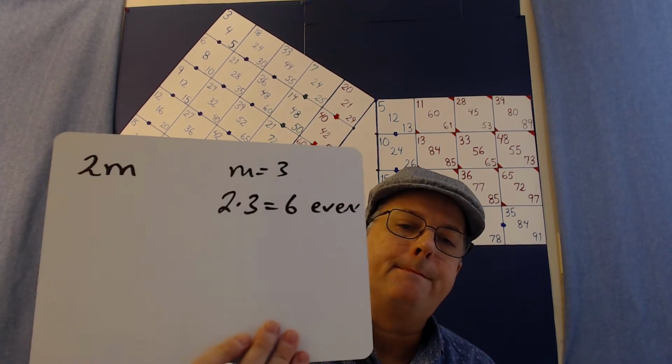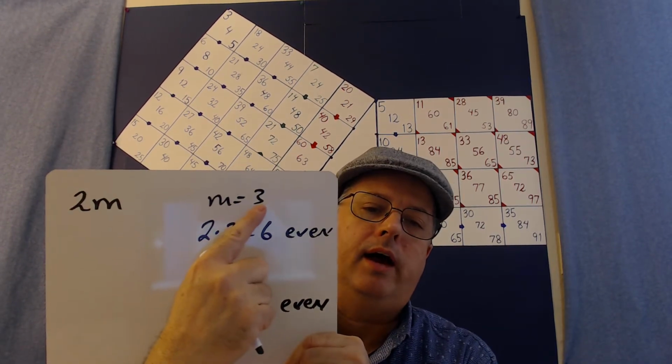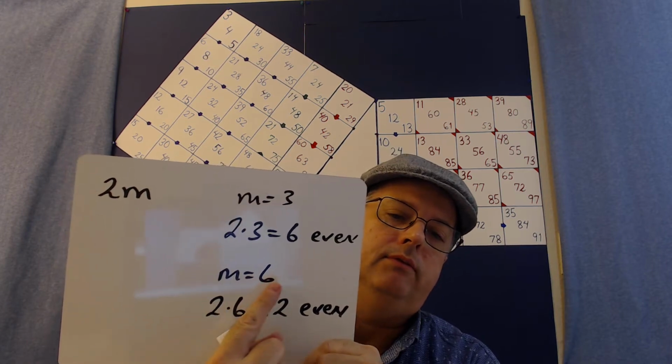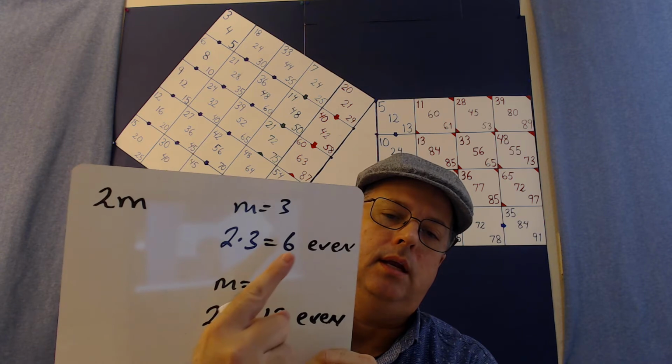And even if it's an even number, of course, say 6, then you're going to have 2 times 6, and that's going to be 12, and that's an even number. So whether you have an odd value or an even value, when you say 2 times that value, you're always going to get an even number.